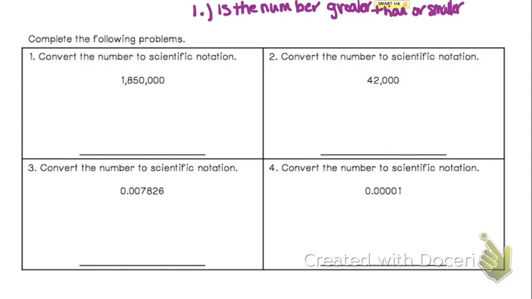Let's go ahead and look at the first question. I have 1,850,000. Well, that is greater than 1.